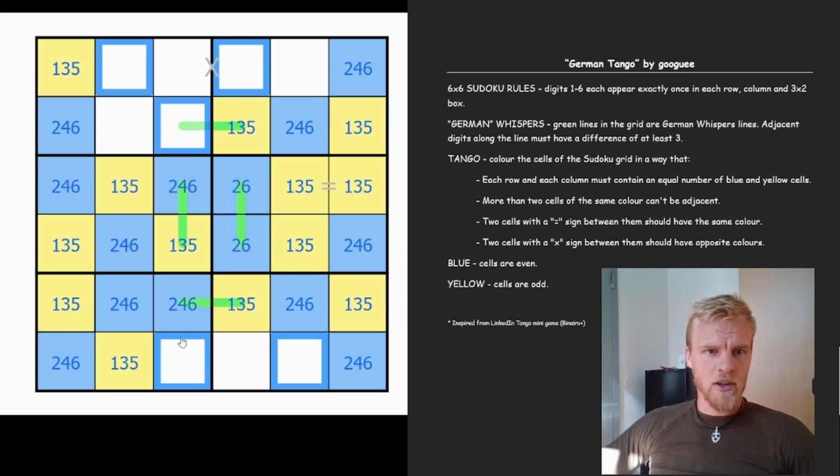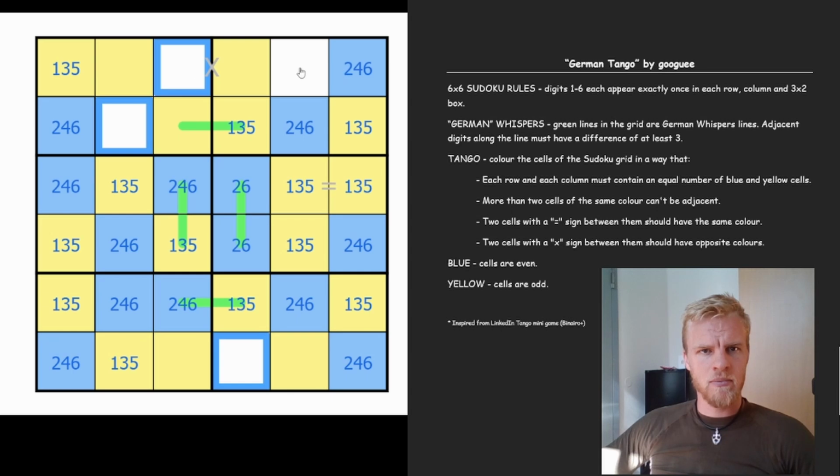But we do have a difference here. Because if that's blue, this one is not the same color. But with yellow, those are the same colors. Okay, so those are yellow and blue. We can already get our first digit, which is the 4 in here. But I still want to pencil mark in everything else.